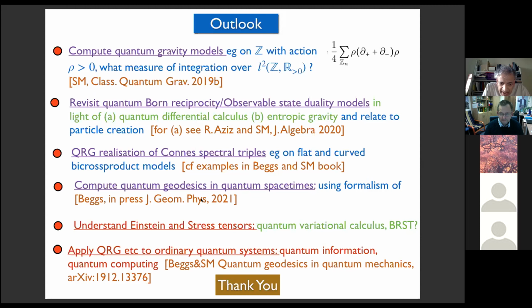And one thing in that direction is the paper with Edwin, which exactly shows you how you can formulate ordinary unadulterated Schrodinger's equation, the one from the 1920s, but write it as a quantum geodesic flow on a quantum space using Edwin's bimodule connection formalism.